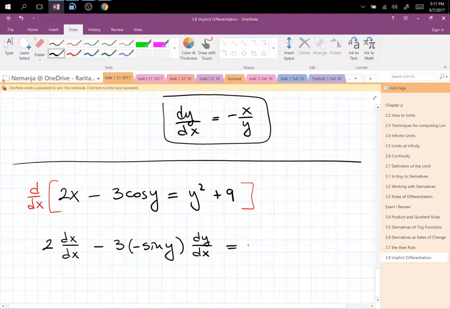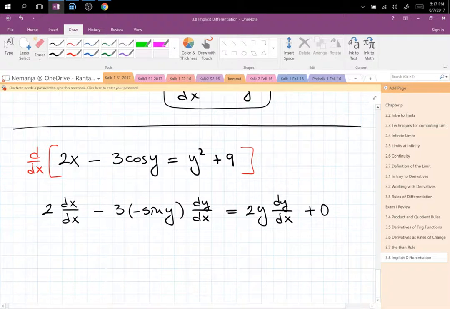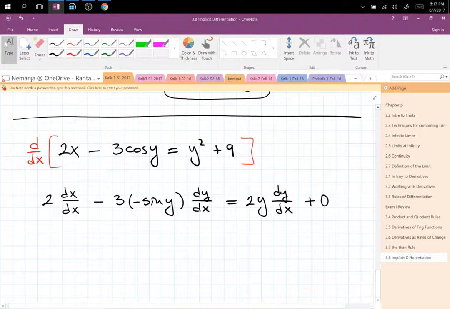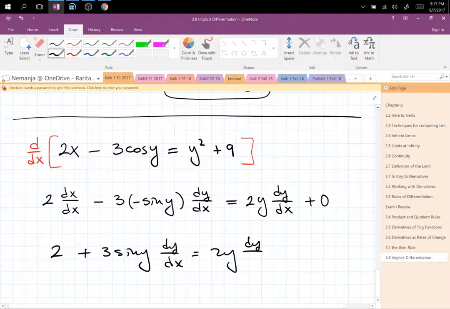Equals to, on the other side, the derivative of y squared is 2y, and then I still follow with dy dx because I took the derivative of y in respect to x. And then plus 0. We don't put anything there because the derivative of a constant is 0. So now dx and dx drops. We just get 2 plus 3 sine y dy dx is equal to 2y dy dx.